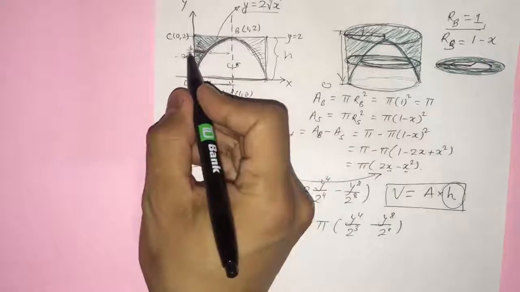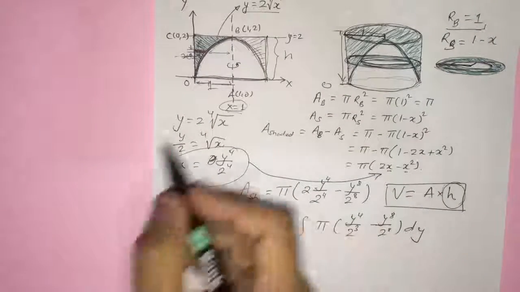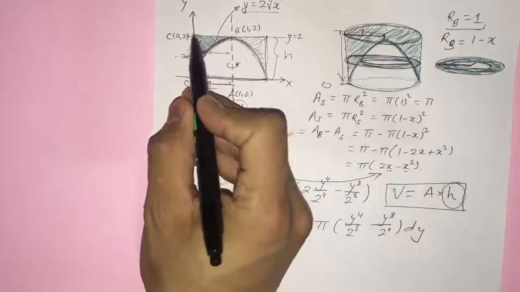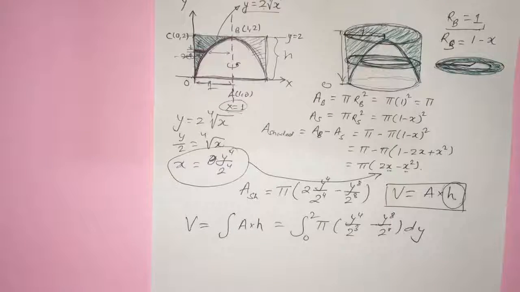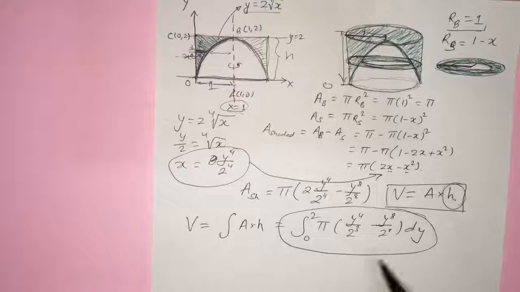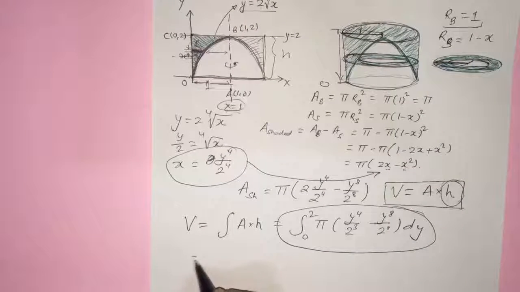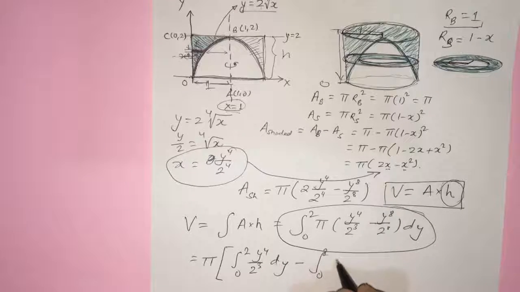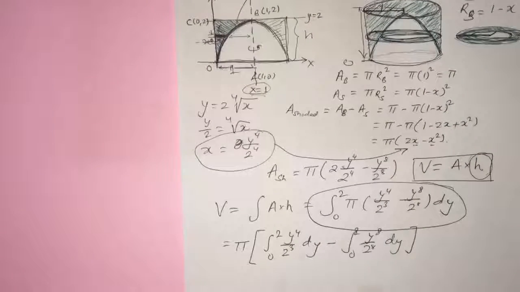Now this height is a small strip, dy. From where to where are we going to integrate? From 0 to y equals 2, right? So this is the main thing you need to calculate. Now, how am I going to integrate this one?